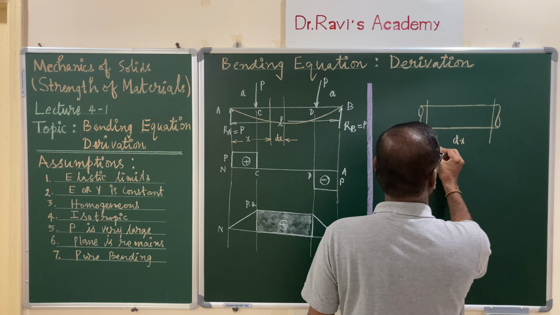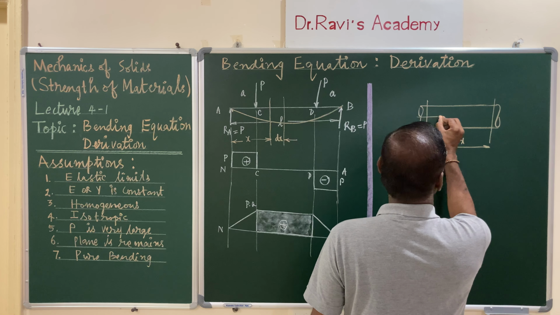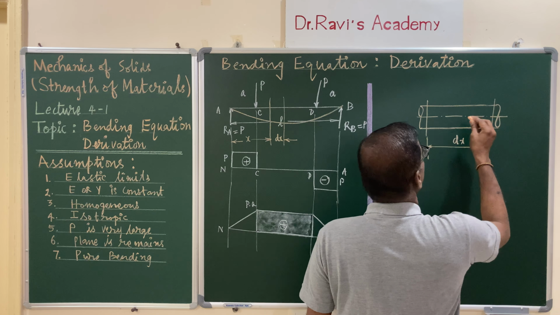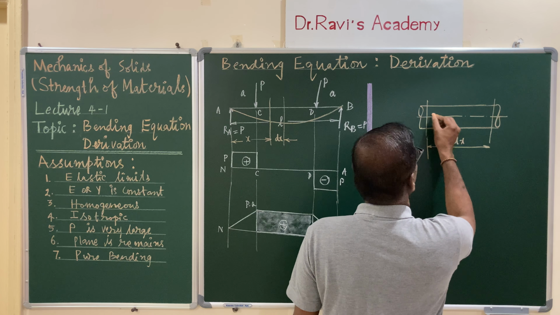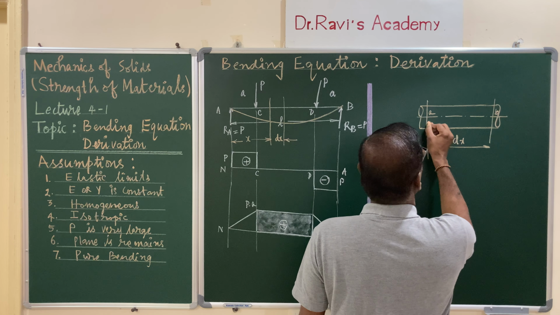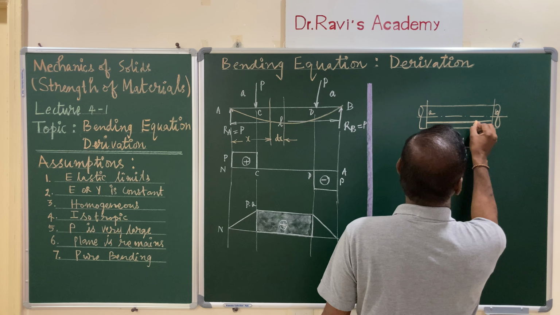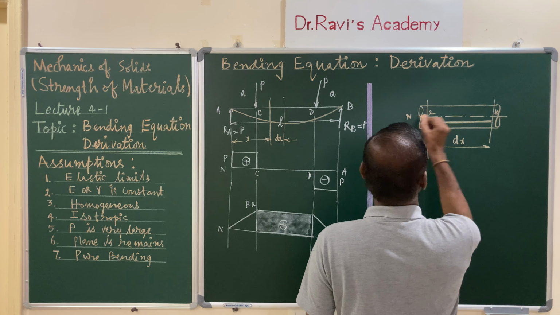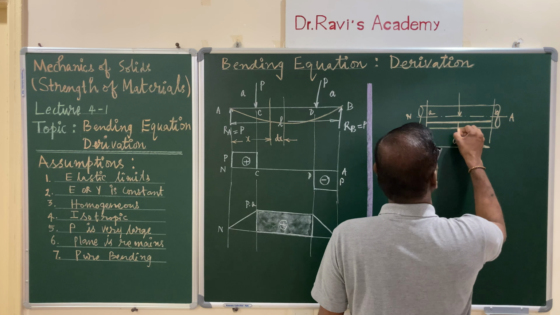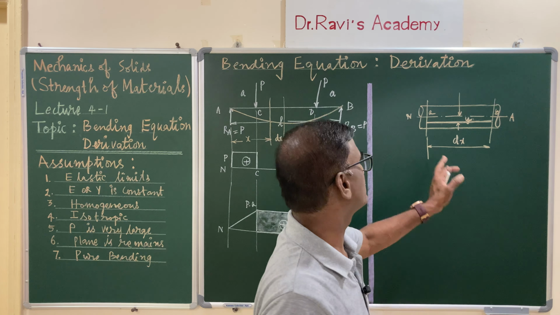It is a magnified view of the element, and somewhere here you have a neutral axis, and this length I am calling AB, and at the bottom, at a distance y from the neutral axis. This is the neutral axis, NA. So this distance is y. This is before bending, before application of the loads.